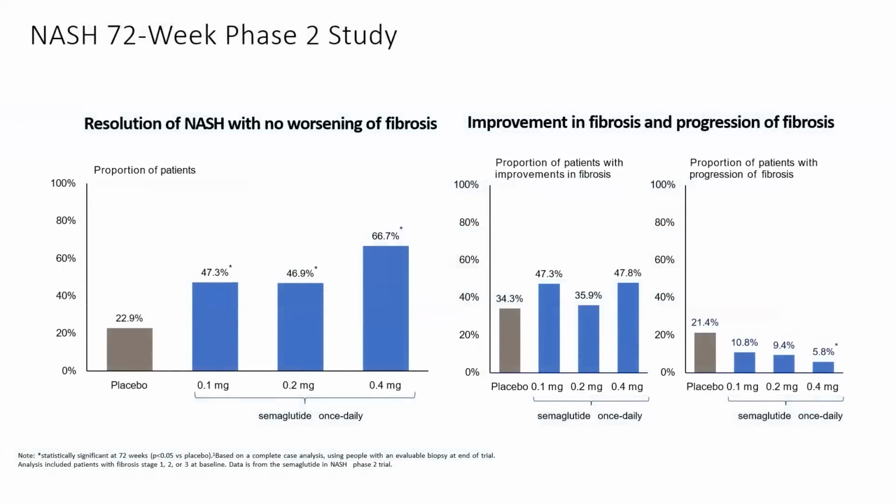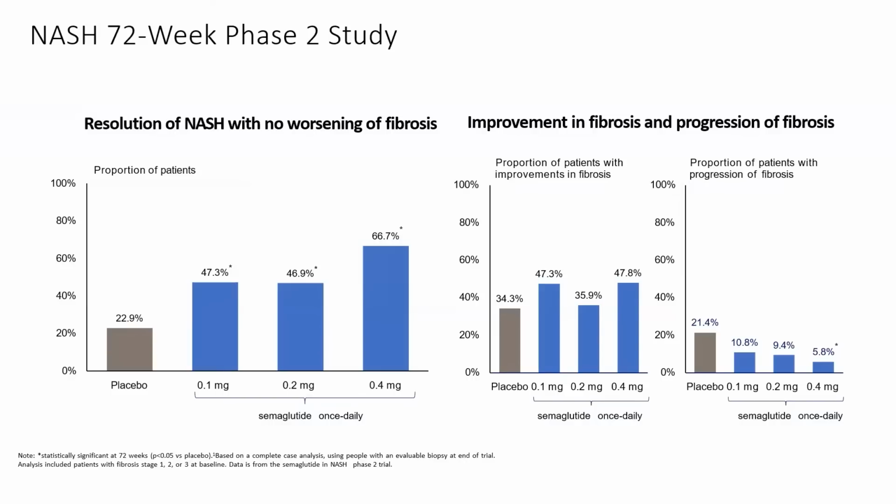So I just wanted to focus on the high dose, which is the 0.4 milligram daily, which is almost the same as the 2.4 milligram weekly. And when we looked at NASH resolution, we found actually a high rate of NASH resolution in the 60% range. This was significantly better than placebo.